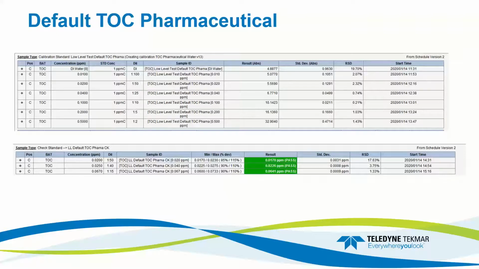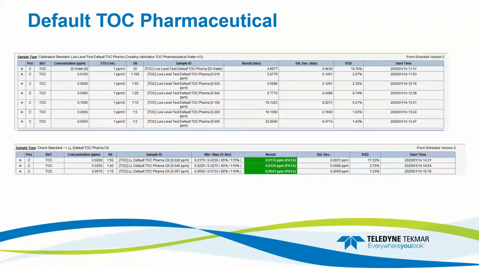As you can see, there is a small difference between our 10 ppb and our DI water. The DI water that we use here in our lab is actually from a very good system. So we have ultra pure DI water coming out.